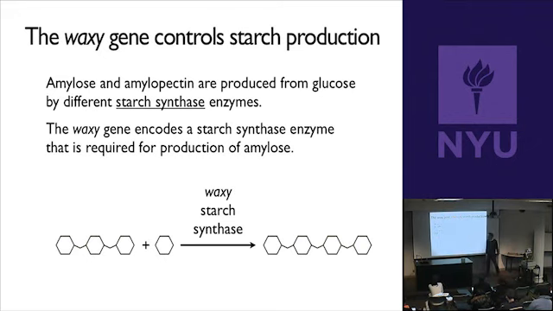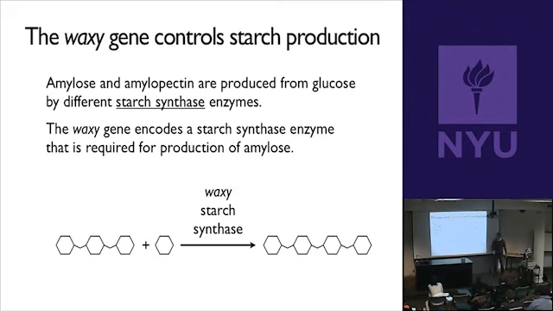Okay? So we can show this schematically here, that if there is a linear chain of glucose molecules and free glucose, and the starch synthase encoded by the WAXY gene is present, then basically the free glucose is added to the end of the existing starch. Okay? And that can go on and on and on and on.